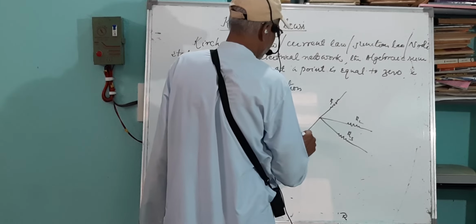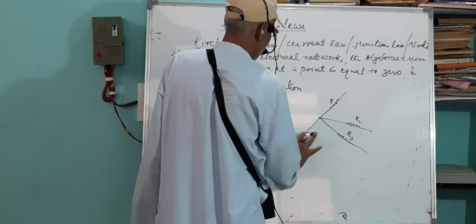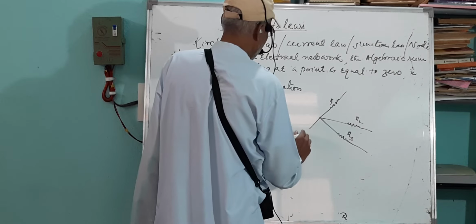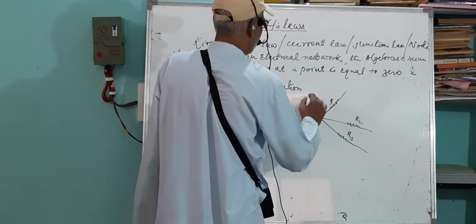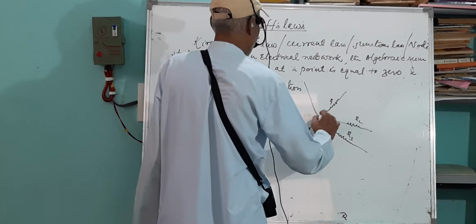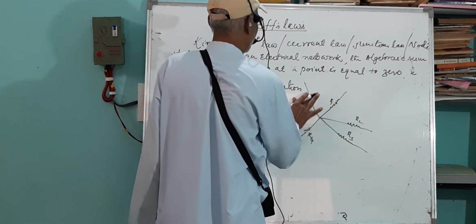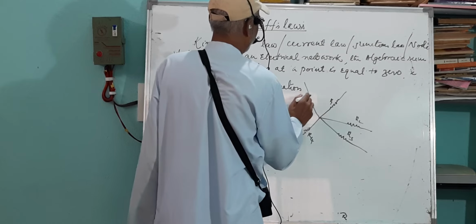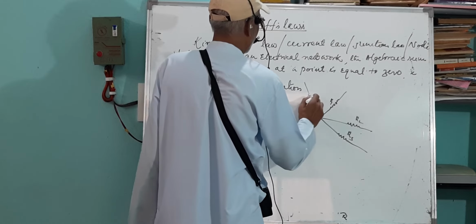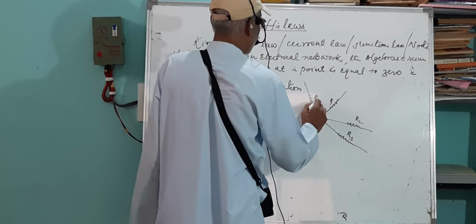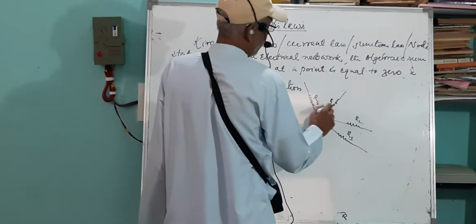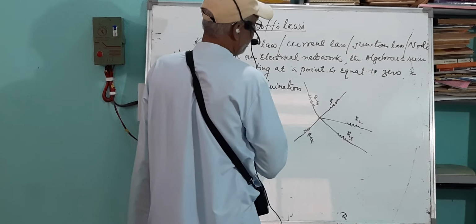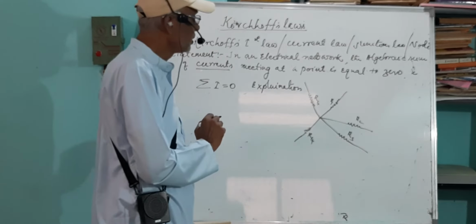This is the fourth conductor having resistance R4. And this is the fifth conductor having resistance R5. So R1, R2, R3, R4, R5 are the five resistors.